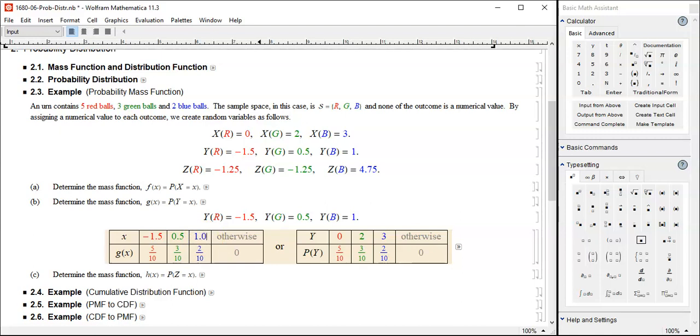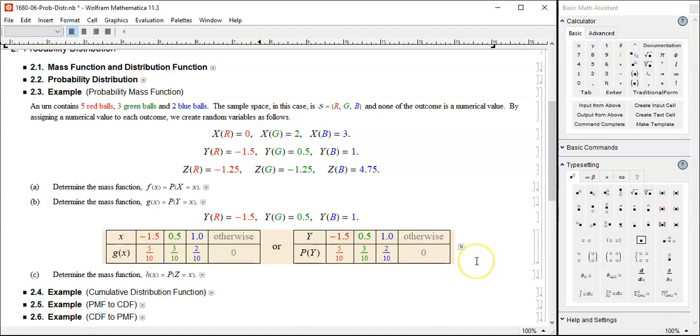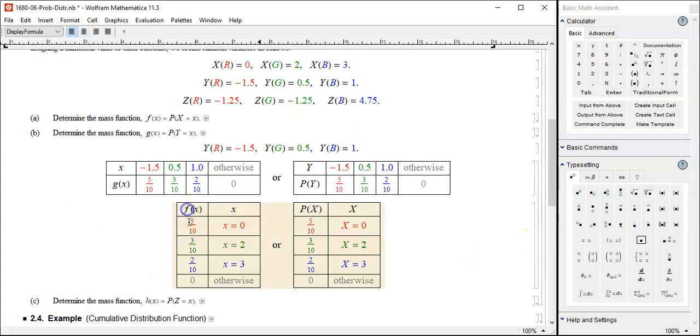What are the probabilities here? Well, probability will stay the same. 5 red, 3 green, 2 blue, so they'll stay the same. And there you go. That's the table. Or you can do this vertically. So this is your g of x. And then possible payoff values are -1.5, 0.5, and 1, not 0, 2, 3.